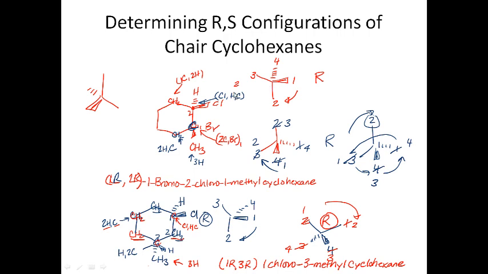And this is the way I like to do it, is just simply to write the carbon in exactly the same orientation, and then just work with the numbers as opposed to working with the groups. Okay, it's easier to rotate numbers than it is to rotate groups, particularly when some of those groups are part of cyclohexane rings. Okay, so that's how we can determine the configurations of cyclohexanes.